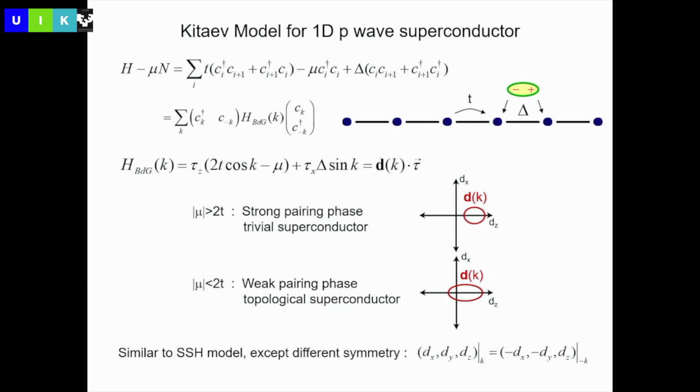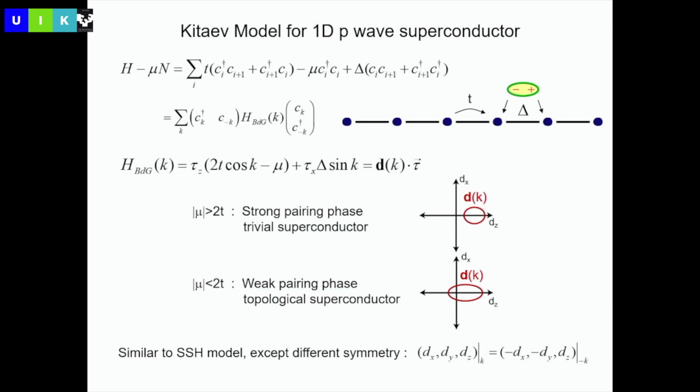Due to the particle-hole symmetry, in this simplest model it doesn't involve tau y, so there's basically a winding number that one can define. There are two phases of this model: the trivial insulator, where you can think of very tightly bound Cooper pairs, or a weak pairing phase, which is the topological phase.